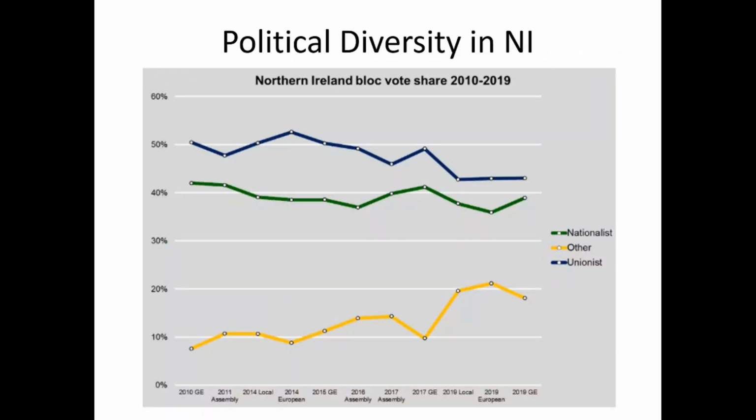You could see this kind of graph appearing and being asked to interpret it. So how would we interpret a graph like this if we're talking about political diversity in Northern Ireland, which broadly reflects religious identity? Even 10 years ago, the Unionist population was just about in the majority, but has dropped from just over 50% to probably 42 or 43%.